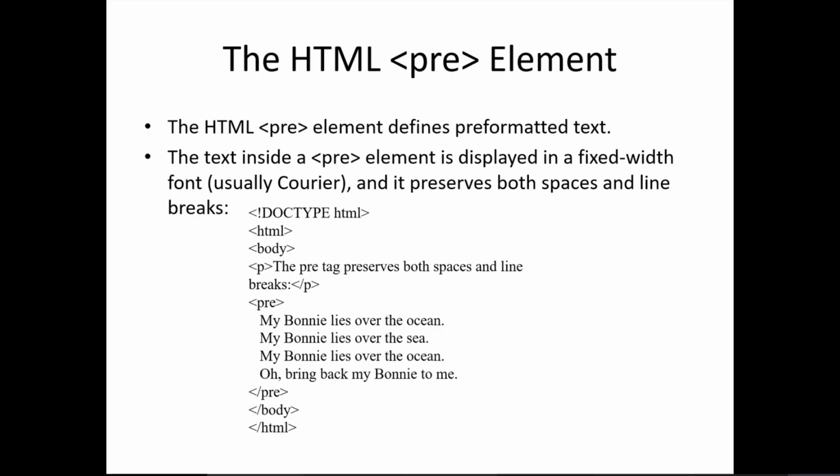So this is how the text is being displayed. If you go through this program, it says doctype HTML, then the HTML body tag. Inside body, we have the paragraph tag. The pre tag preserves both spaces and line breaks. Since we have this mentioned in 2 lines, it will display in a single line itself.